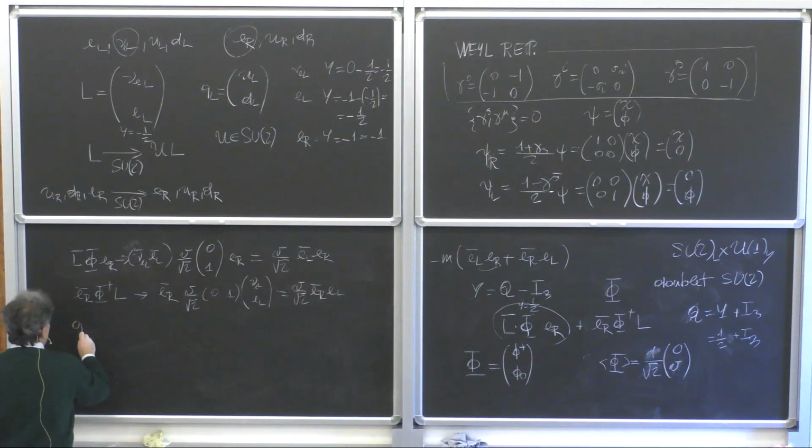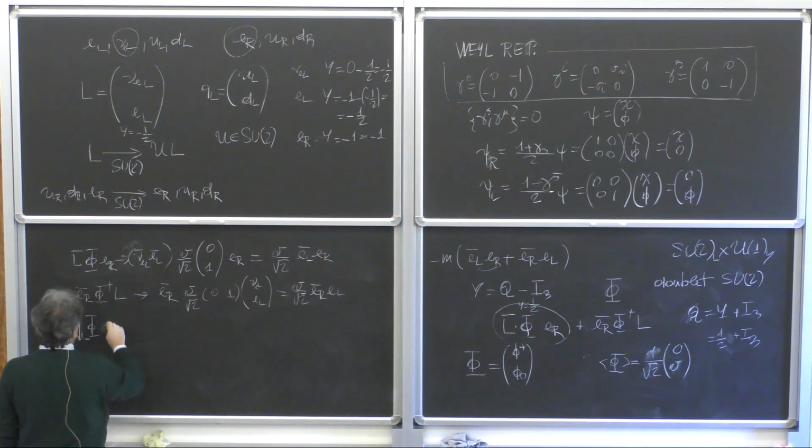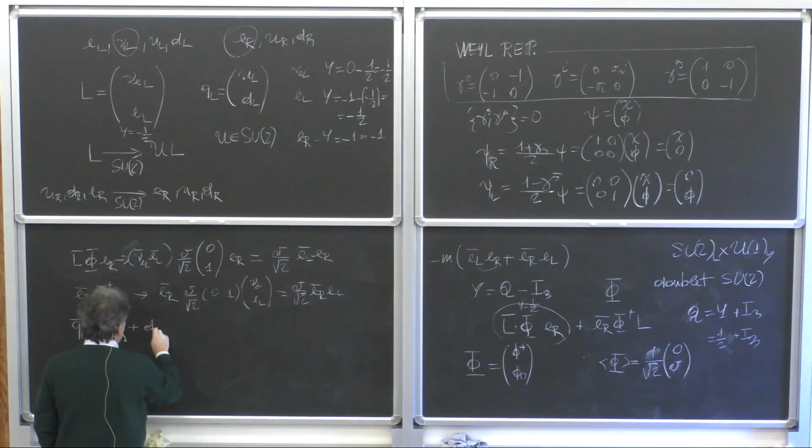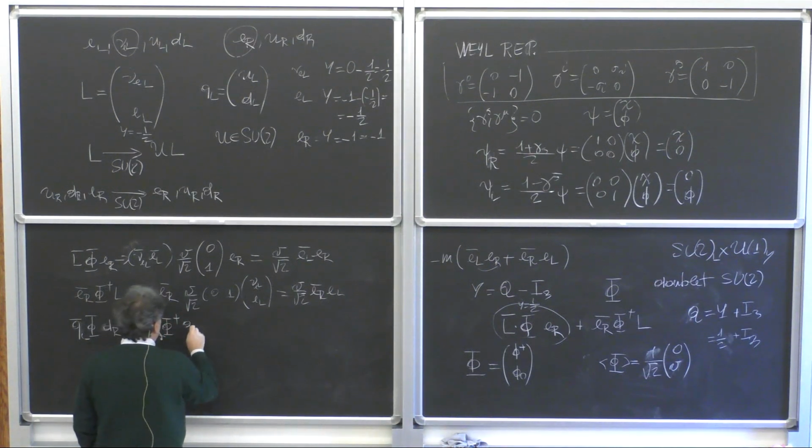We have QL bar phi. Instead of E, we have dR, plus dR bar phi dagger QL.